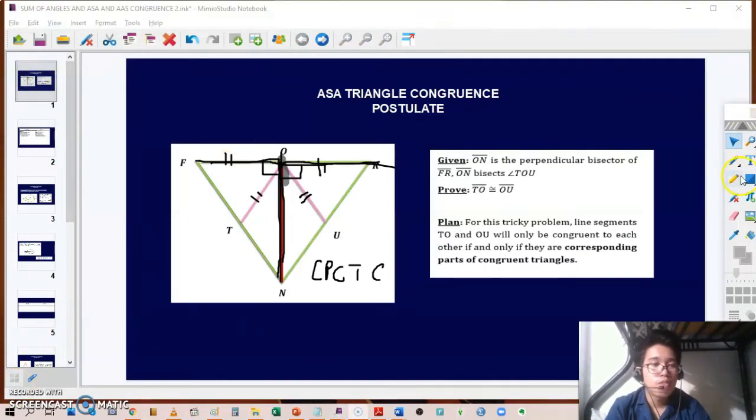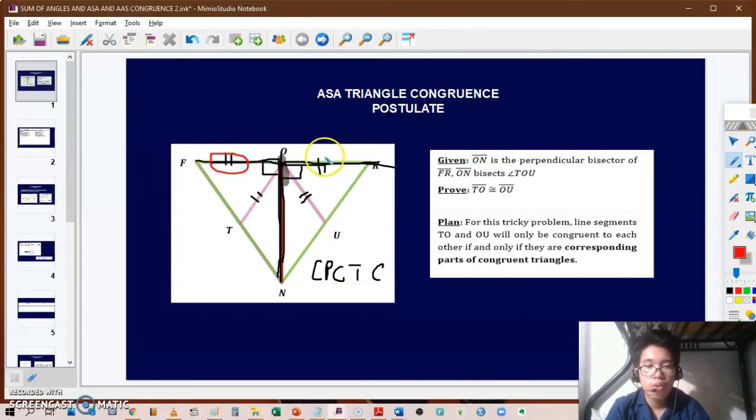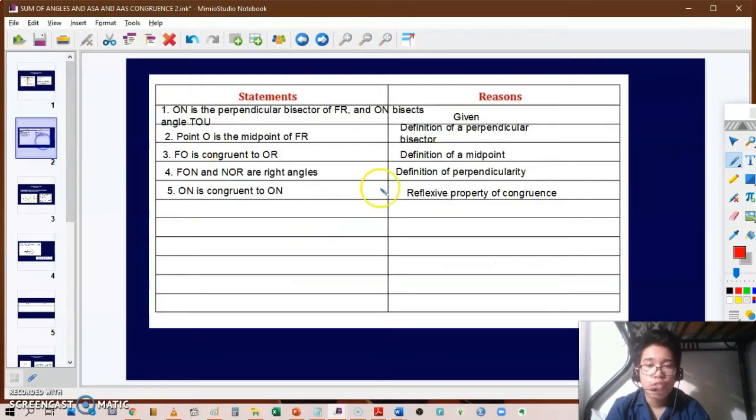From here, since we've established that FO is congruent to OR, and we have ON congruent to ON, and then the included angle, using the ASA triangle congruence postulate, both of those angles are congruent since they're right angles.